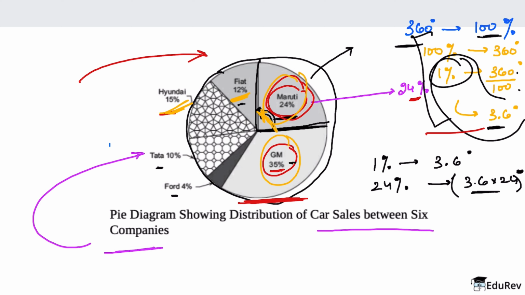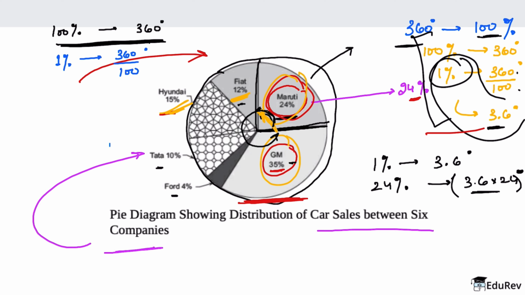What I said was that 100% of anything is represented by 360 degrees, because the angle of the circle is 360 degrees. So 100% of any variable is represented by 360 degrees, and 1% of that variable is represented by 360 by 100 degrees, which is nothing but 3.6 degrees.